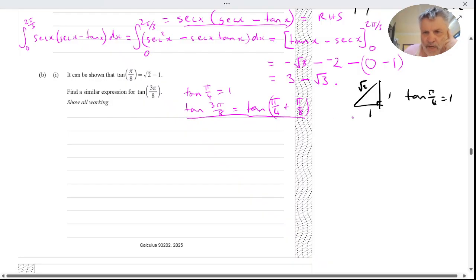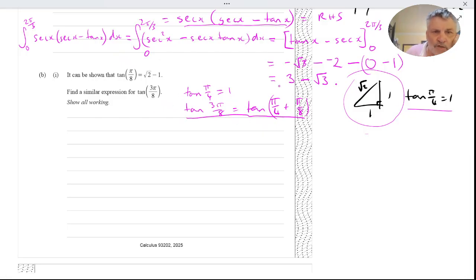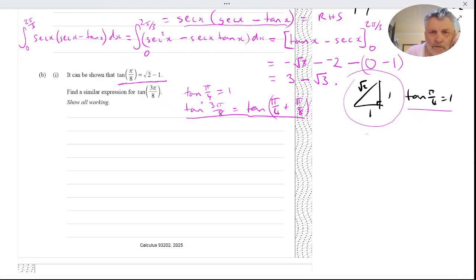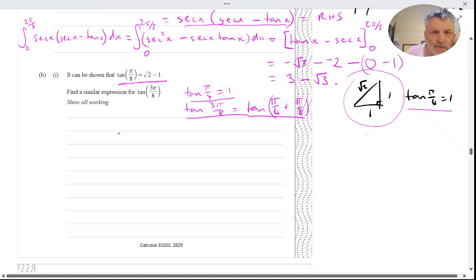We could do that without knowing this triangle, and therefore without knowing this tangent, and we just have to do the same sort of working twice to get there. So given that it just tells us this, I'm going to do it the longer way by not assuming that I know this tangent.